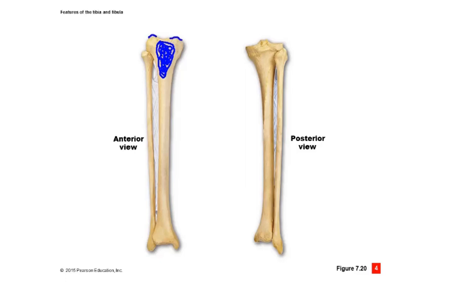So this rough patch on the bone is called a tuberosity. And since it's on the tibia, we call it the tibial tuberosity. And what is a tuberosity? It's just a rough patch of the bone where a muscle connects.